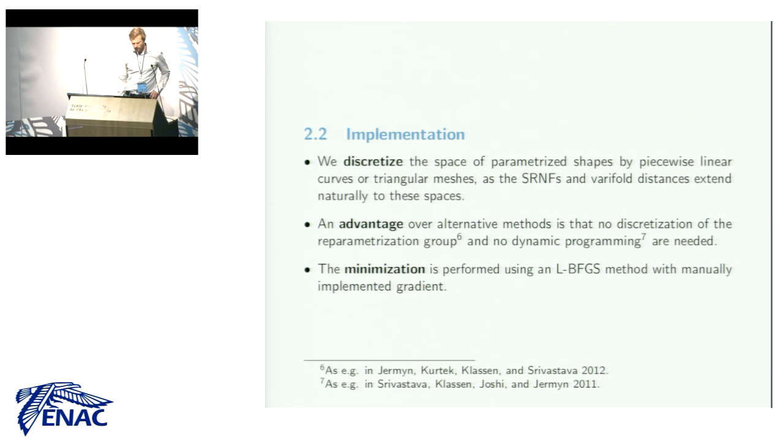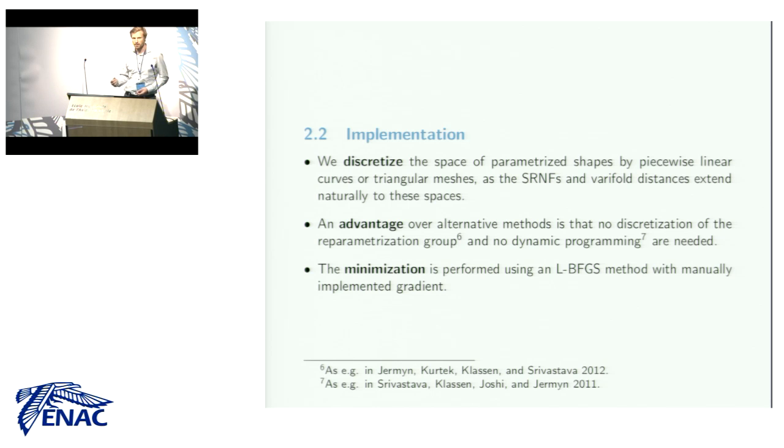In comparison to what other algorithms have been doing to solve the same problem, this has several advantages. Namely, we implicitly optimize over the reparameterization group, whereas other algorithms had to use either dynamic programming or an explicit discretization of the reparameterization group to achieve the same goal.